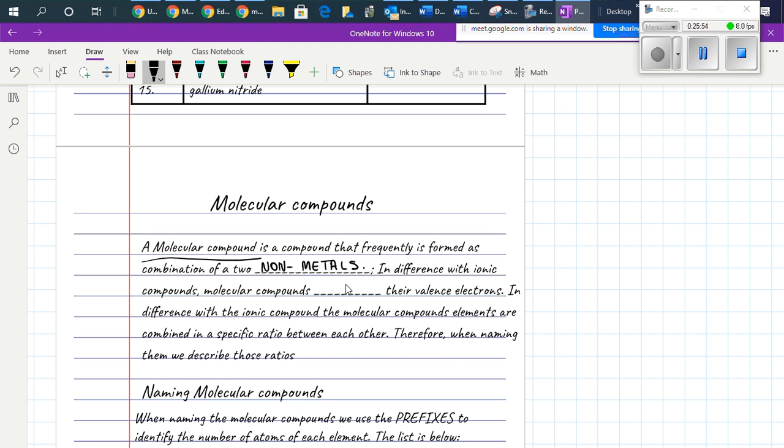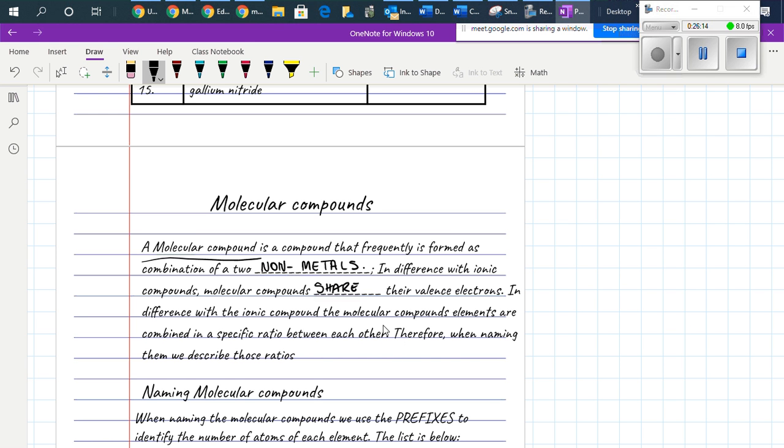In difference with ionic compounds, molecular compounds share, and we will talk about this in the next unit after the review, their valence electrons.